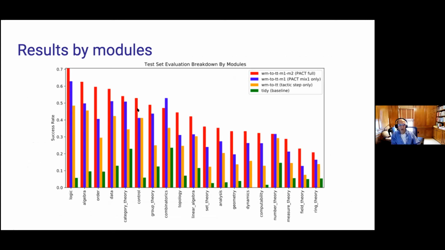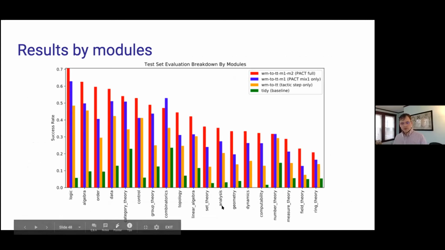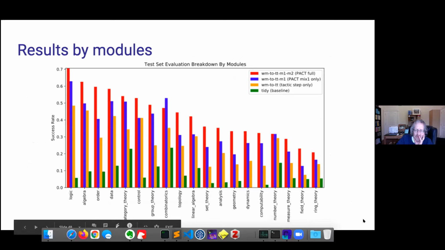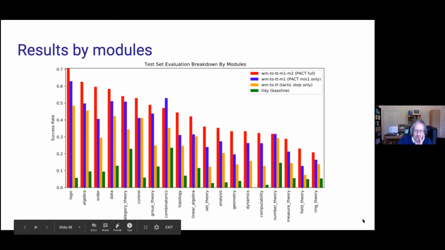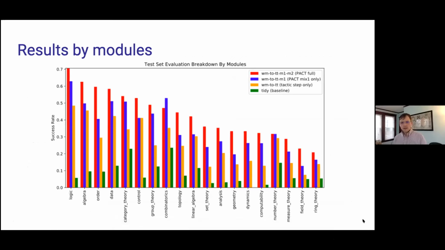Okay, so this shows, for each of the different libraries in Lean, in the MathLib library, how well our model does. Red is our fully trained model using all the data sets. Blue is our model using the tactic data set and the data set which directly augments the tactic data set with these apply and exact tactics. Orange is just using the tactic data set.